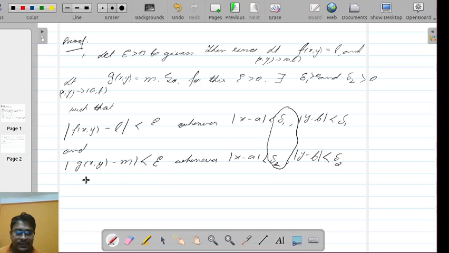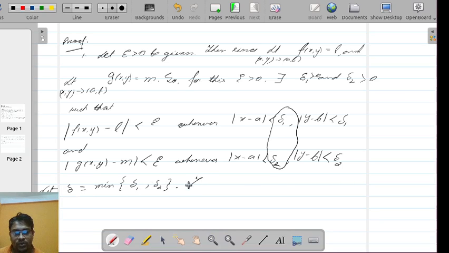So if I select the minimum of delta 1 and delta 2, then whenever |x minus a| and |y minus b| are less than delta, both conditions will be satisfied. So let delta equal the minimum of delta 1 and delta 2.